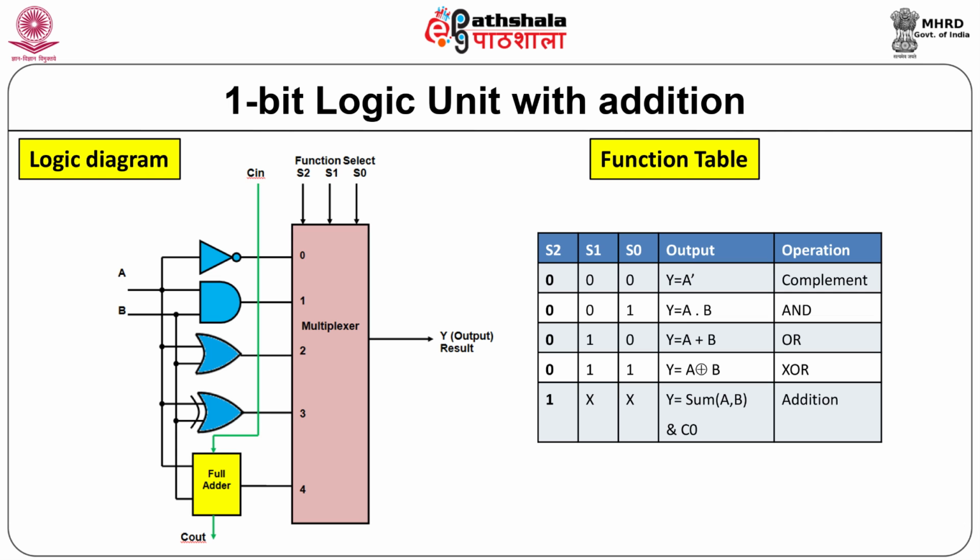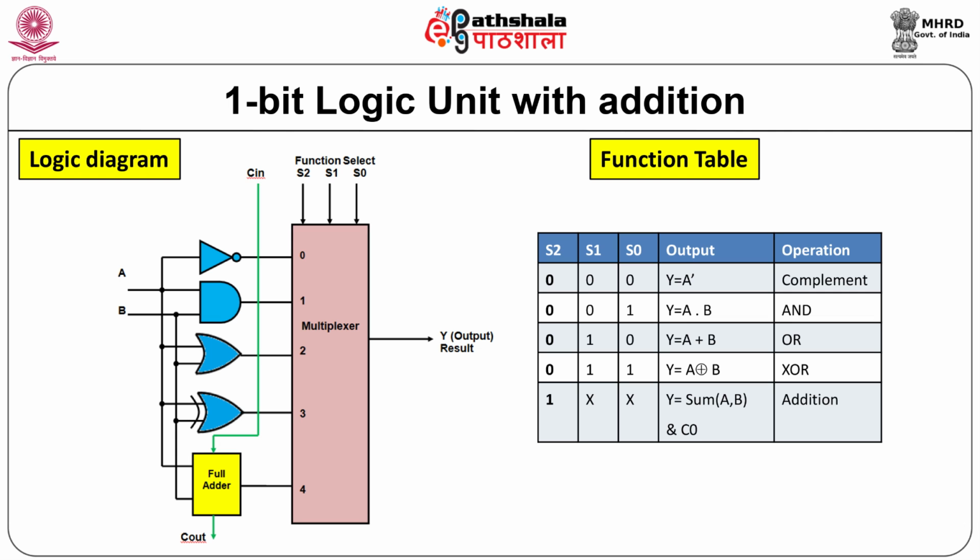The function table assumes that both the data inputs A and B are present. The full adders have 3 data inputs A, B and Ci with sum and carry as outputs. The values of select lines decide the nature of operation to be performed on the operands.